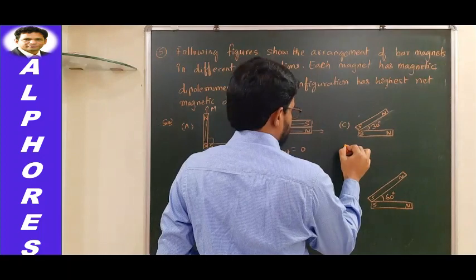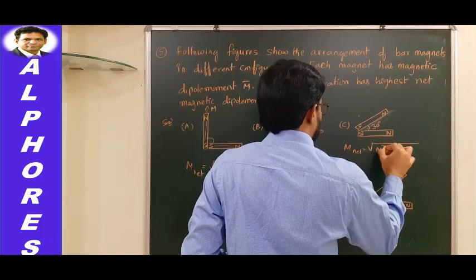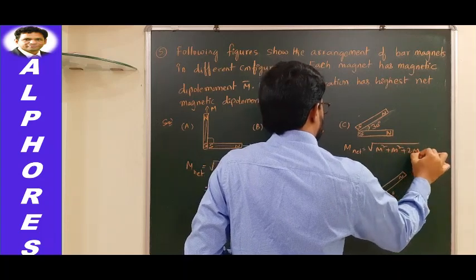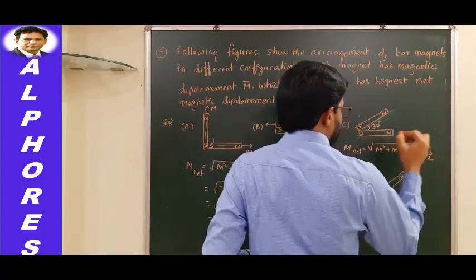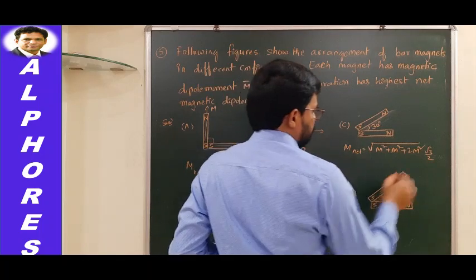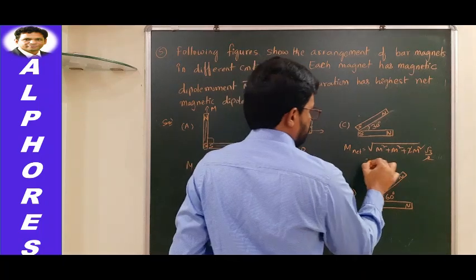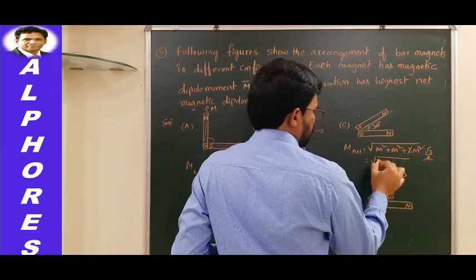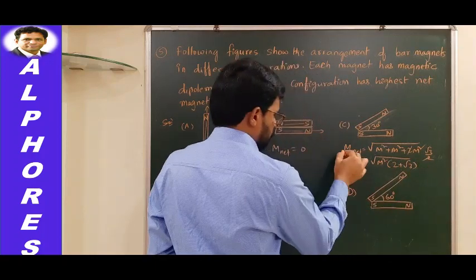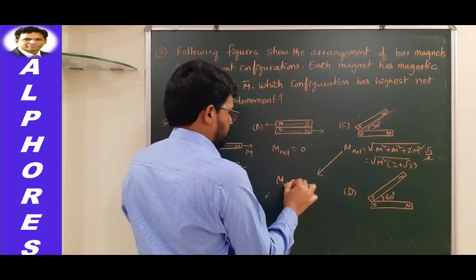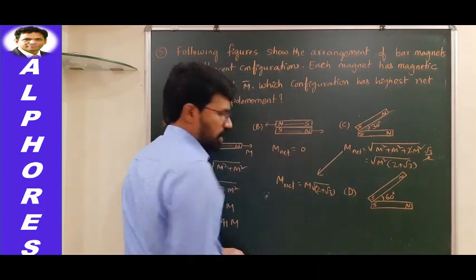Coming to this one, how this net magnetic moment can be expressed? M net is equal to under root m square plus m square plus 2m square cos 30. Cos 30 is root 3 by 2, isn't it? So 2 gets cancelled. If you take out m square common, you will have under root 2 plus root 3. So m net is equal to m into root under 2 plus root 3.